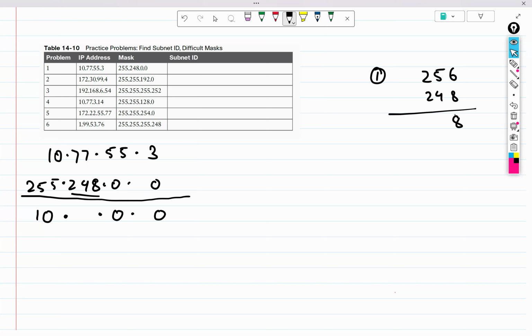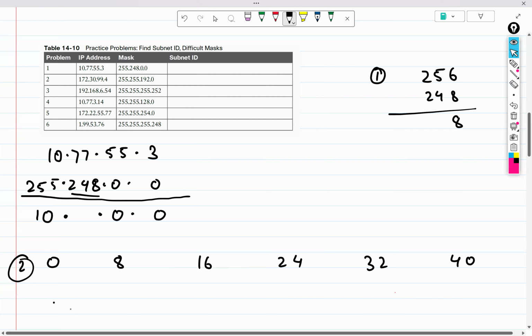You get 8. Yes, sir. Am I right? Now, the second step, write the multiples of 8. 0, and so on. So I wrote 10 multiples of 8.